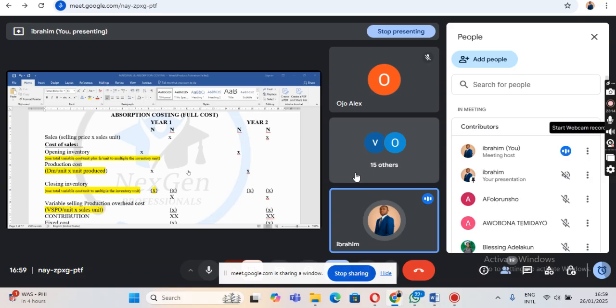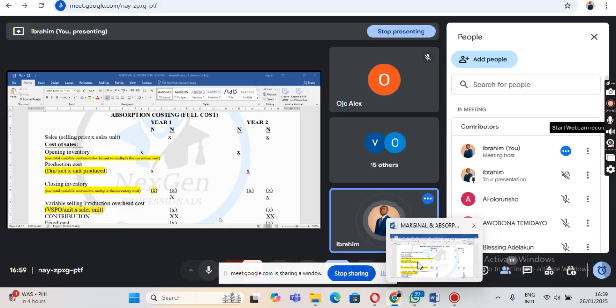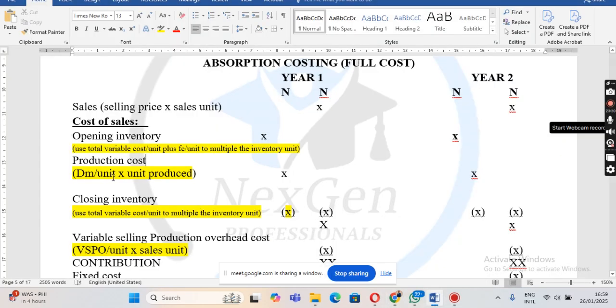So you don't need to put direct material, direct this, and so on. Just put your full cost, multiply your full cost per unit times the unit produced, class.